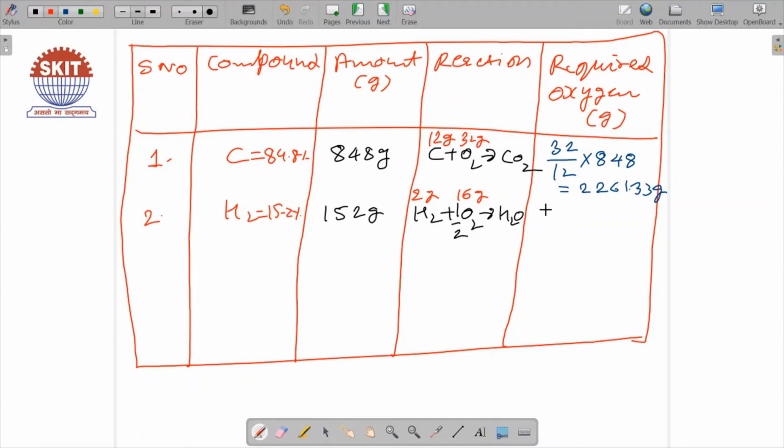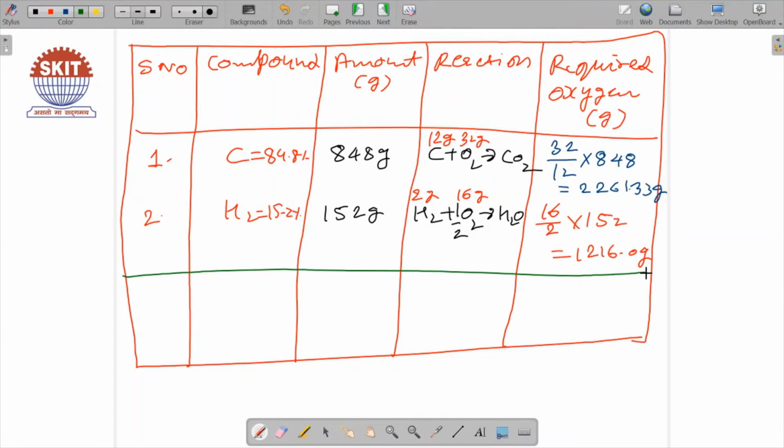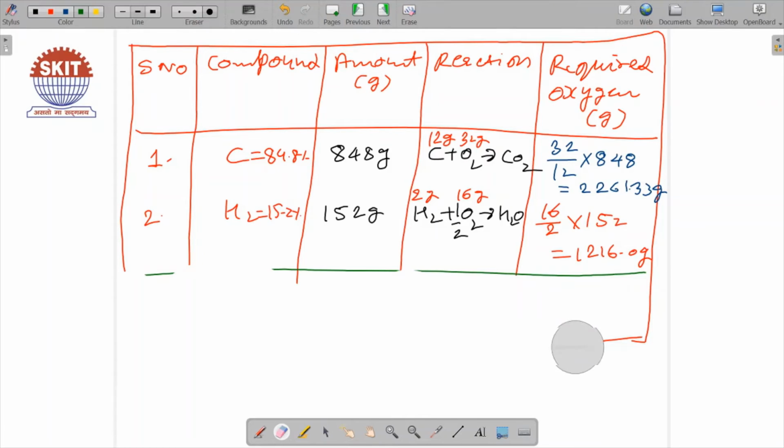So we can write like this: 16 divided by 2 multiplied by 152. So the answer is 1216.0 gram. So this is the required oxygen amount.